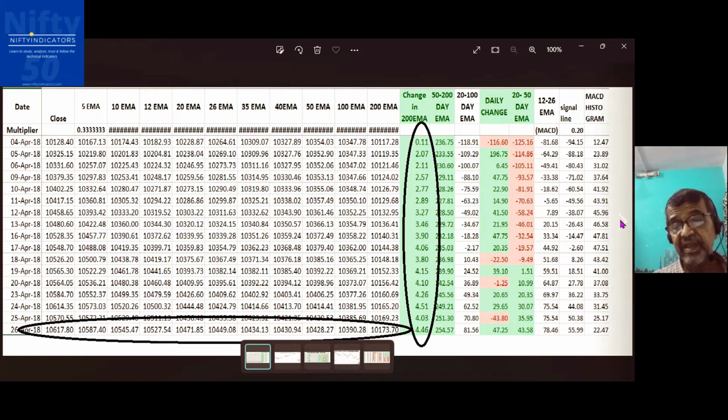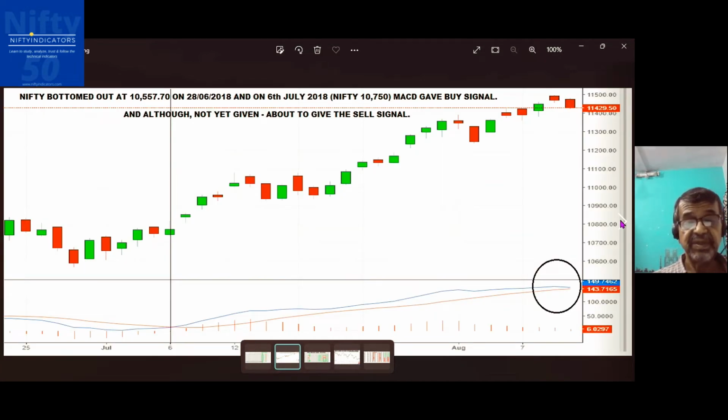Let us see the next chart. Next chart is from 28th of June 2018 till August. You see how beautifully the MACD is going up here.